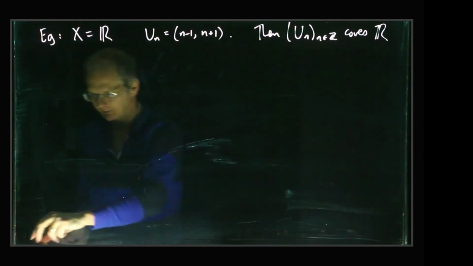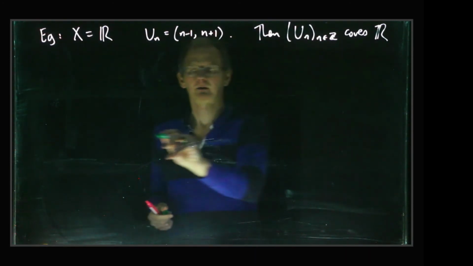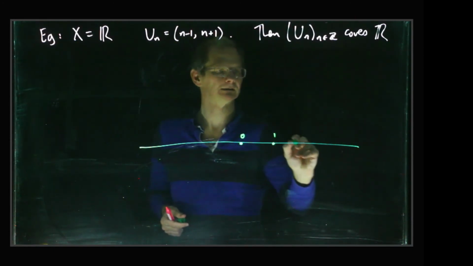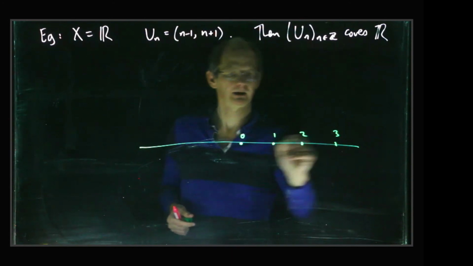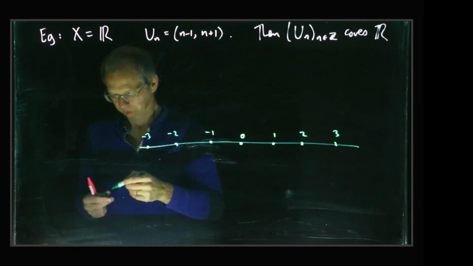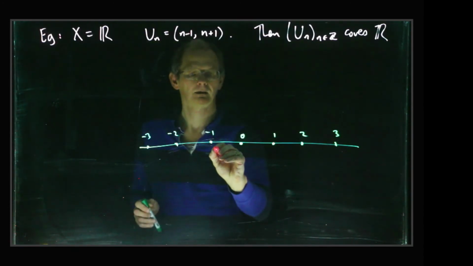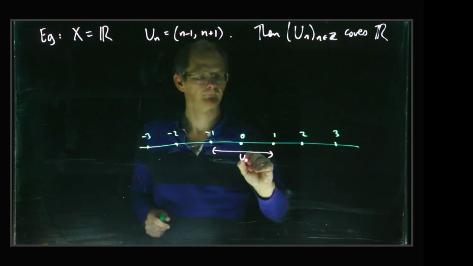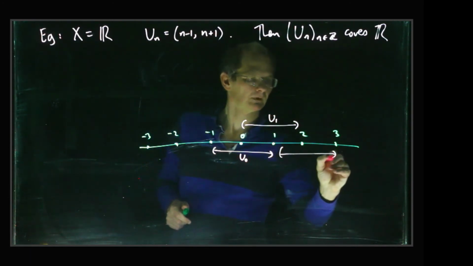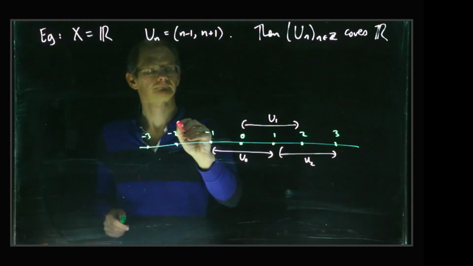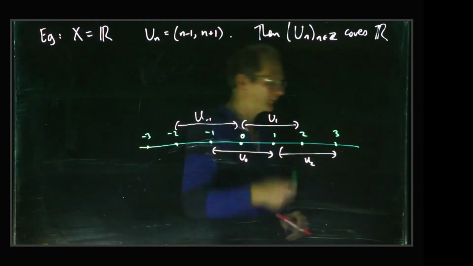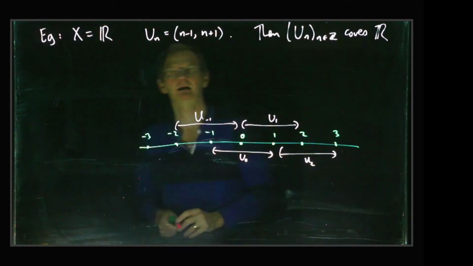We just draw the picture here. Here's the real line: 0, 1, 2, 3, and then U_0 is here, U_1 is here, U_2 is here, etc.